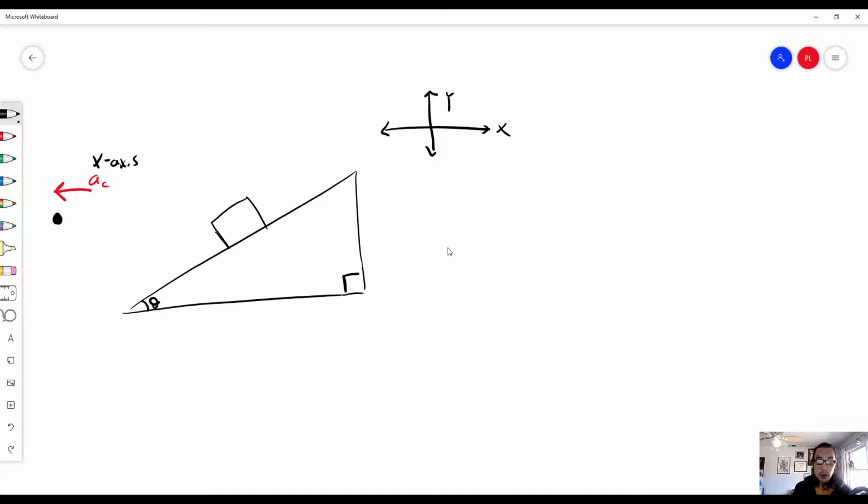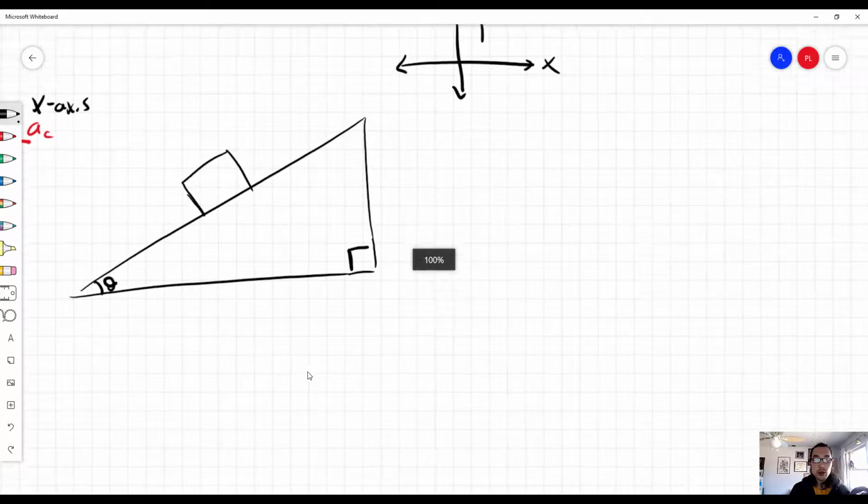However, if we were to adjust the x and the y axis like so, this centripetal acceleration vector belongs in neither the x nor the y axis, and so our math gets really funky. So we don't want to adjust it, we want to keep it as upright. And the rest of the steps follow what we are normally used to.